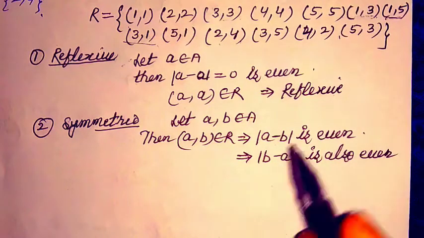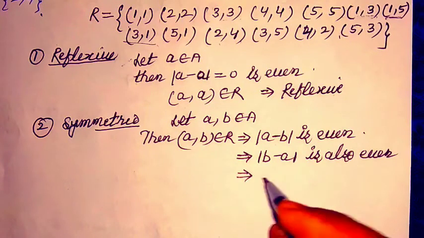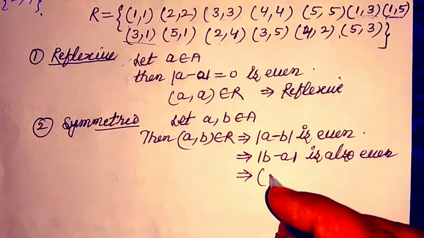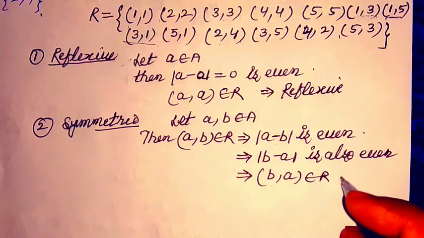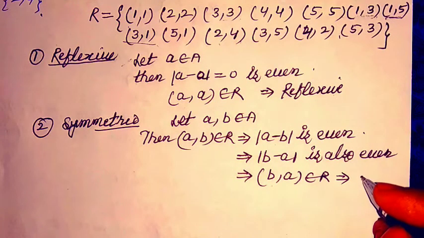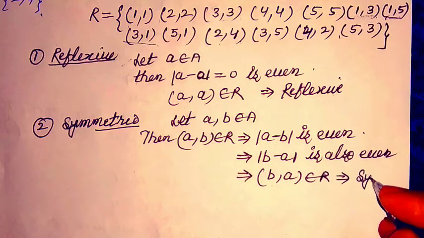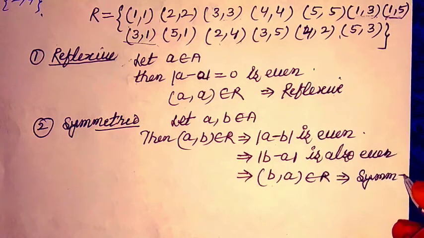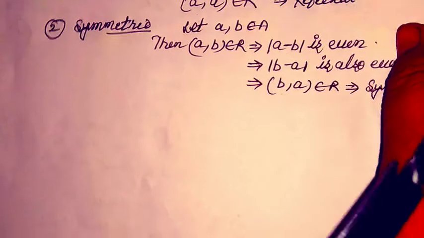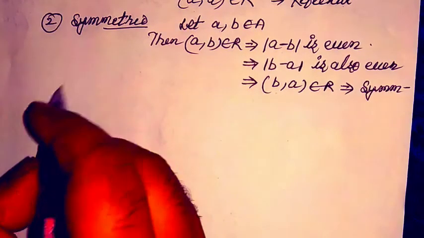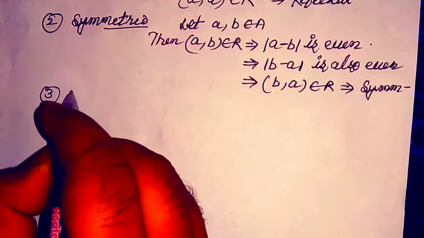So we can write in this way (b, a) belongs to R, so it is symmetric, we can say, isn't it? Now see the last one, transitive.